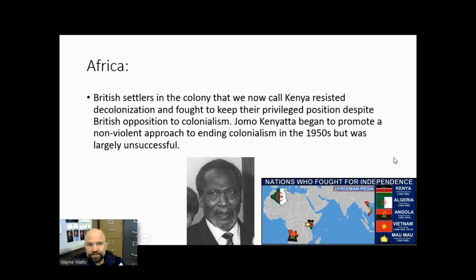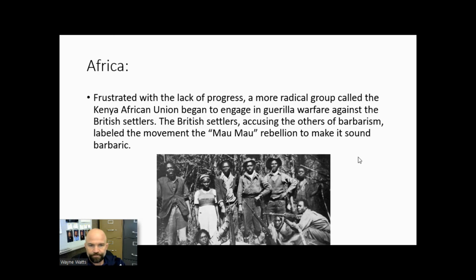British settlers in the colony that we now call Kenya resisted decolonization and fought to keep their privileged position despite British opposition to colonialism. Jomo Kenyatta began to promote a nonviolent approach to ending colonialism in the 1950s, but was largely unsuccessful.